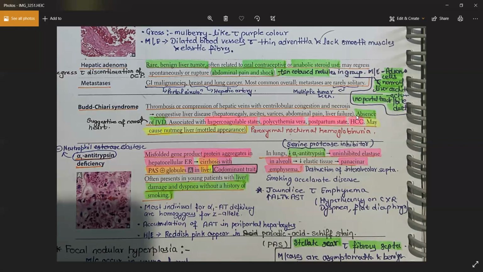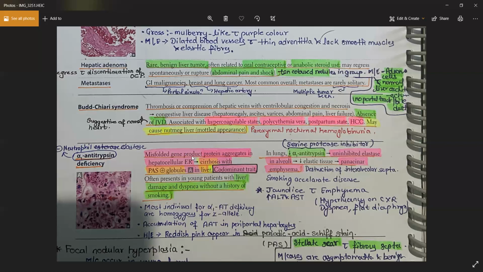Now, alpha-1 antitrypsin deficiency is a codominant trait, which means even if you get one mutation, both the normal gene as well as the abnormal gene will express themselves. That's why it is a codominant trait. Now because of the mutation, you will get a misfolded protein.